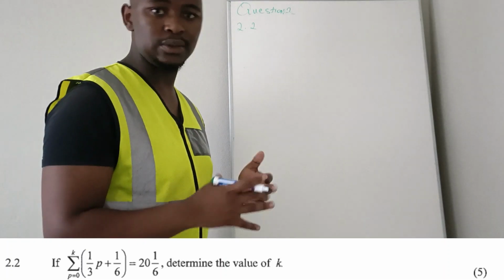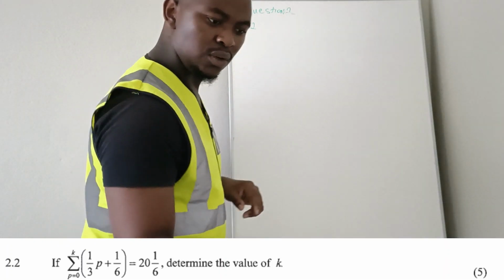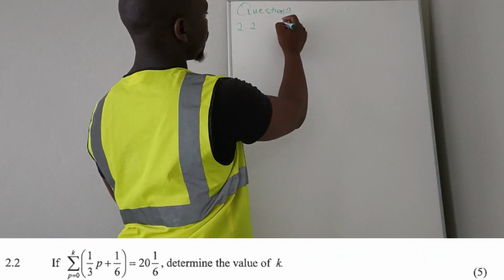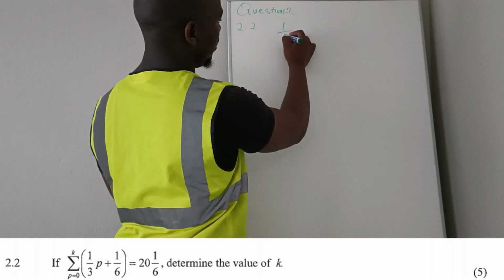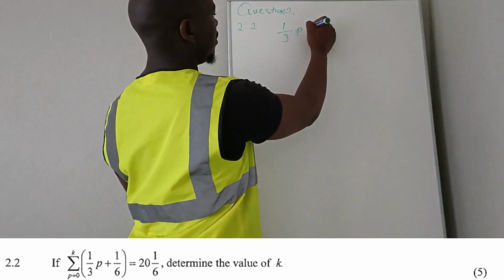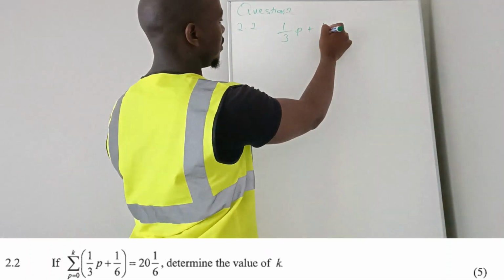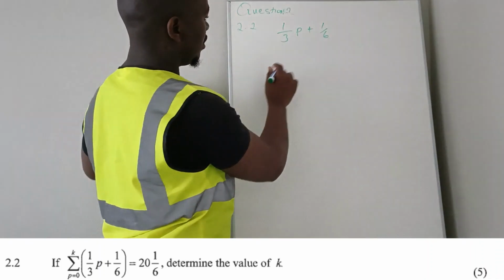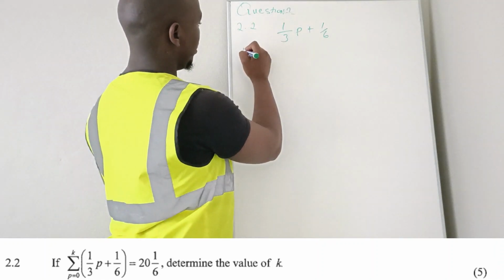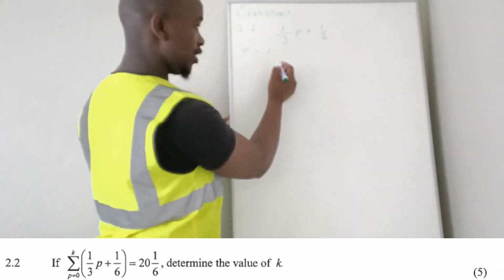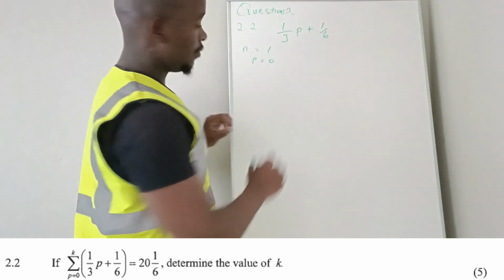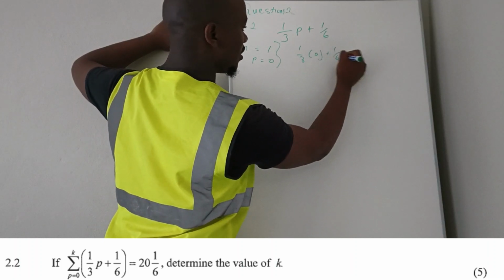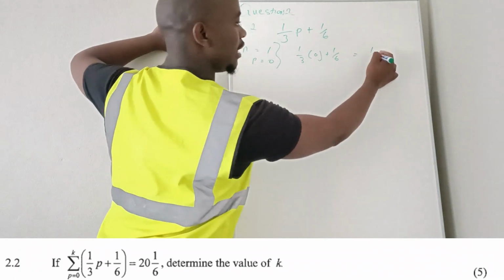The equation of the series is 1 over 3p plus 1 over 6. If you substitute p equals 0, the first term, that's 1 over 3 times 0 plus 1 over 6, which is 1 over 6. That's our first term.